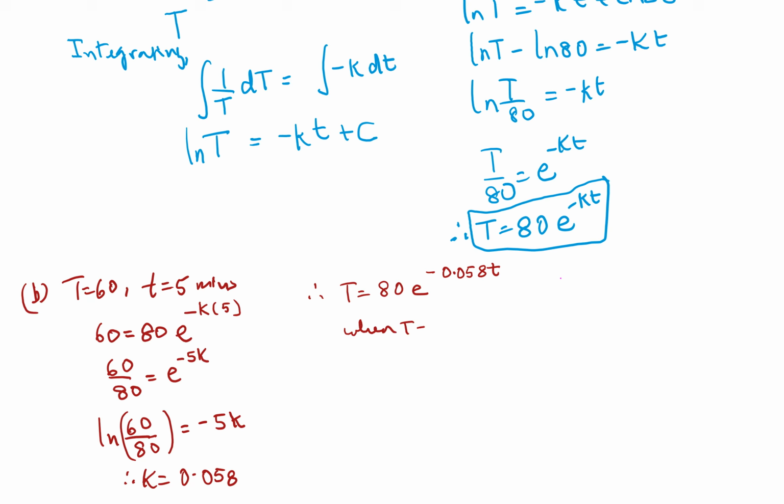When T is 40, 40 is equal to 80 times e to the power minus 0.058t.